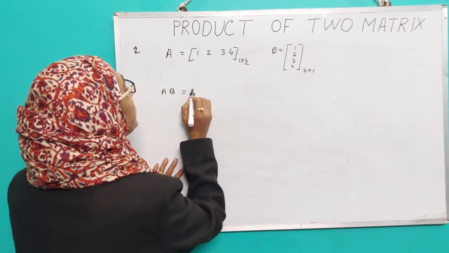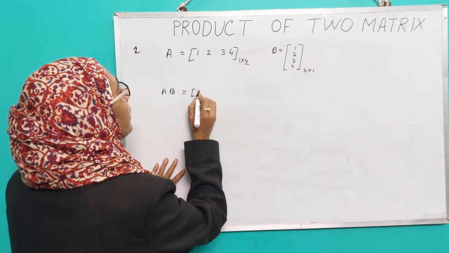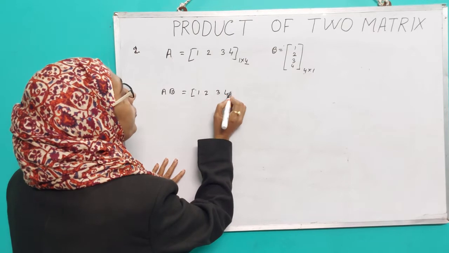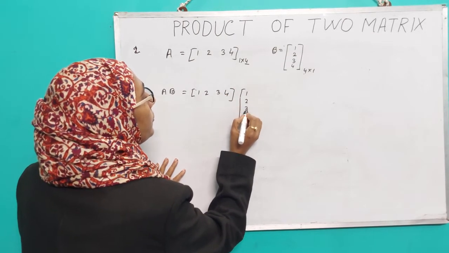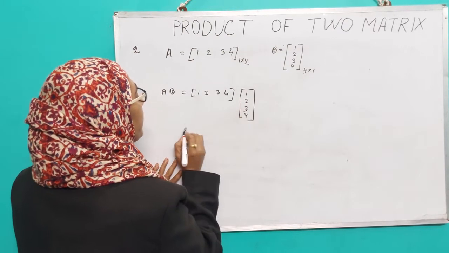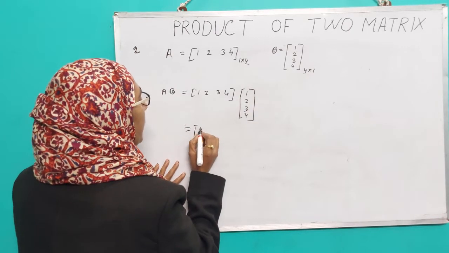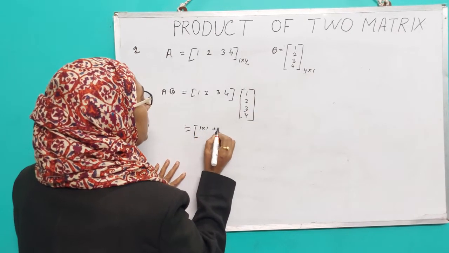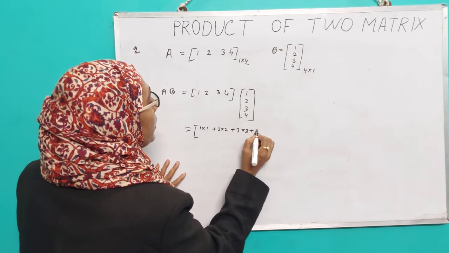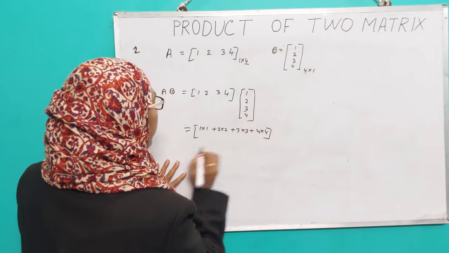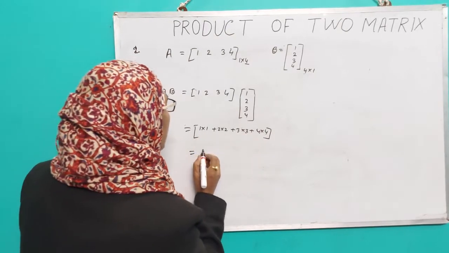Then AB is equal to [1, 2, 3, 4] times [1, 2, 3, 4], equal to 1 into 1, first row with first column, 1 into 1 plus 2 into 2 plus 3 into 3 plus 4 into 4, equal to 1 plus 4, 5 plus 9, 14, 14 plus 16, 30.